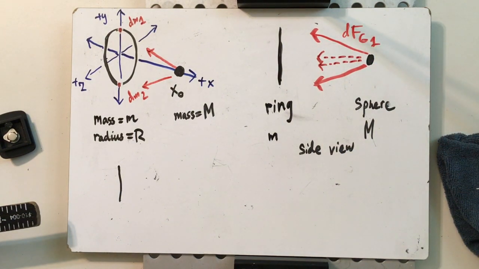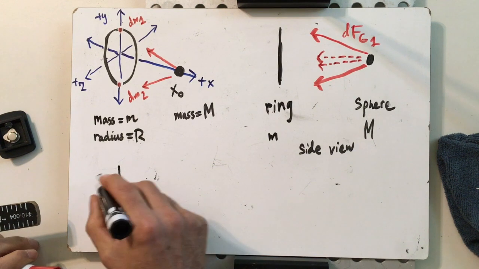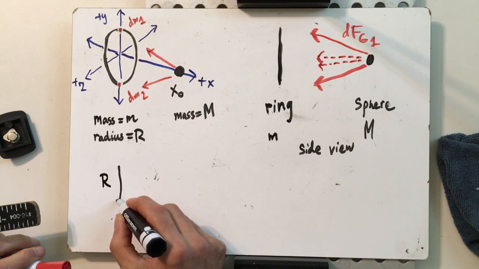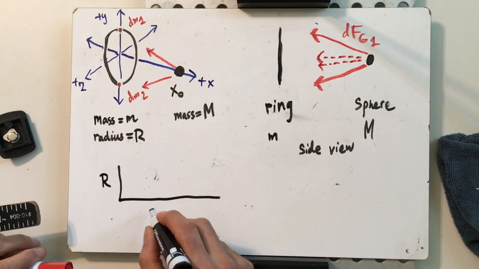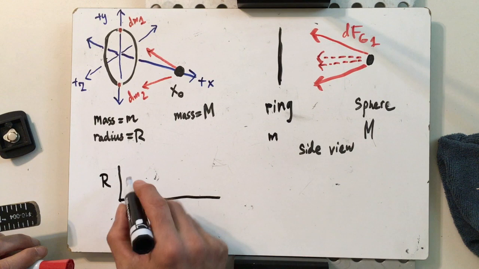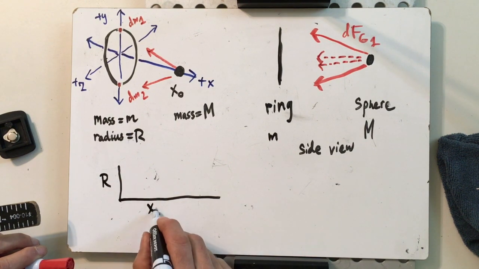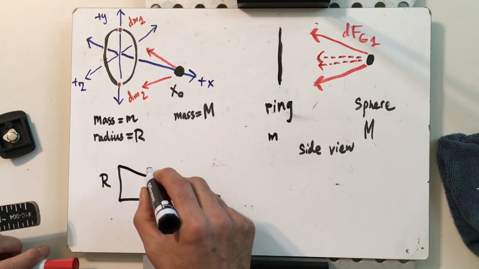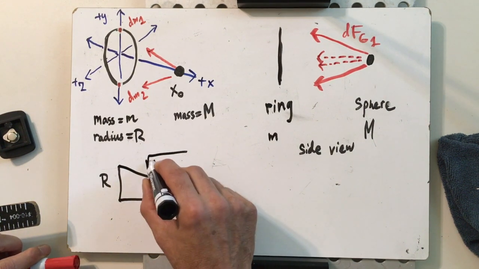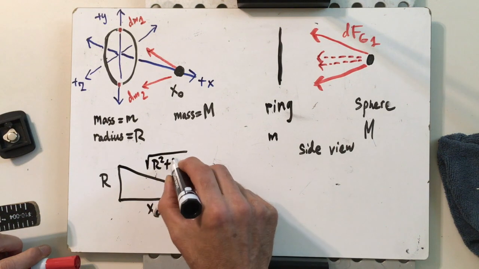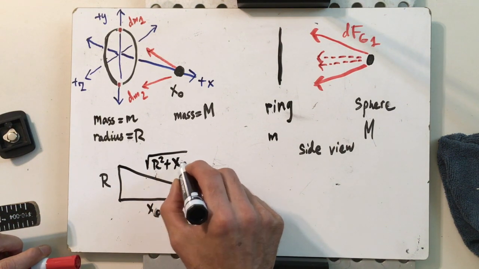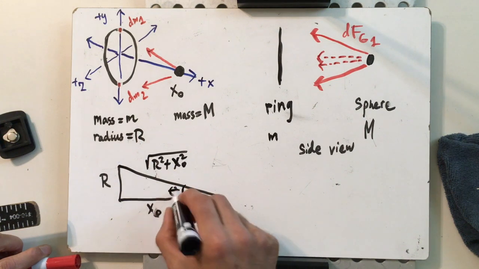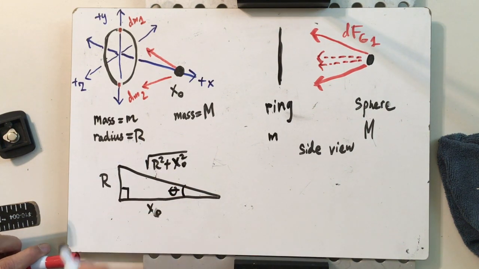Our triangle must be capital R on that side, x naught on this side, and the hypotenuse is the square root of r squared plus x naught squared. Here's theta, and here's our right angle.